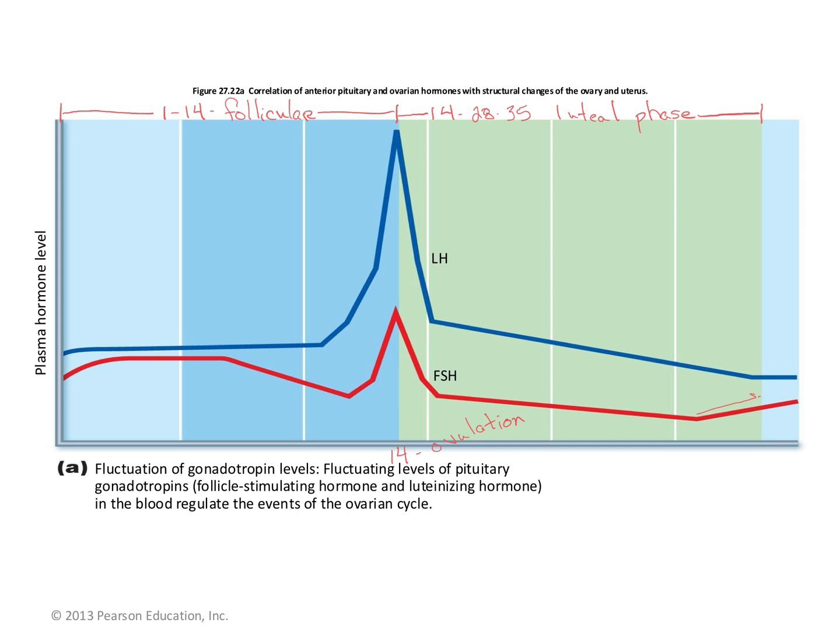Then you get that positive feedback loop flipping, and estrogen stimulates our LH and FSH surge, which triggers ovulation. And then the corpus luteum produces estrogen, progesterone, and inhibin, which keep LH and FSH levels low.